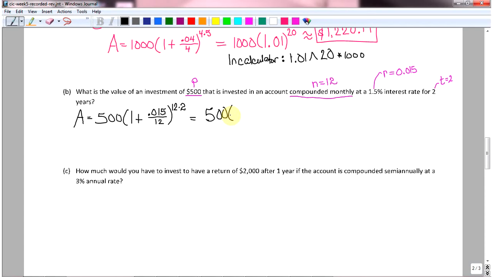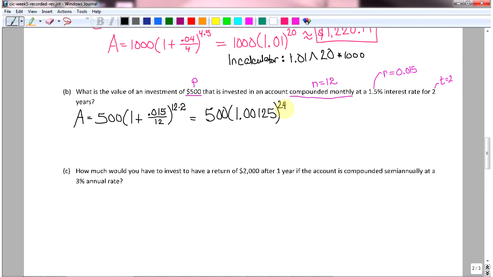If I do 0.015 divided by 12, that's going to give me 0.00125. So when I add the 1 to it, we get 1.00125. And then we'll raise that to the 24th power, 12 times 2.